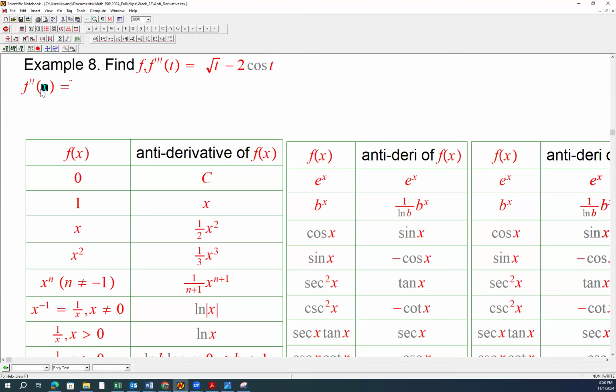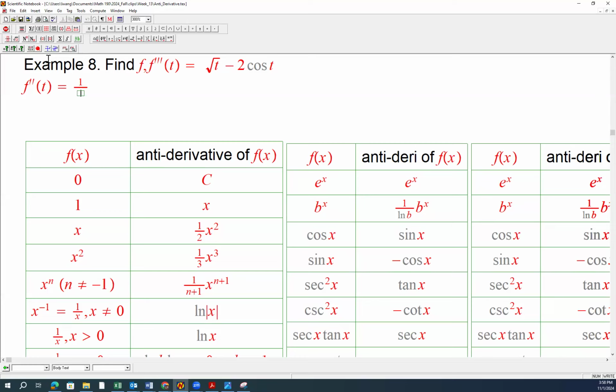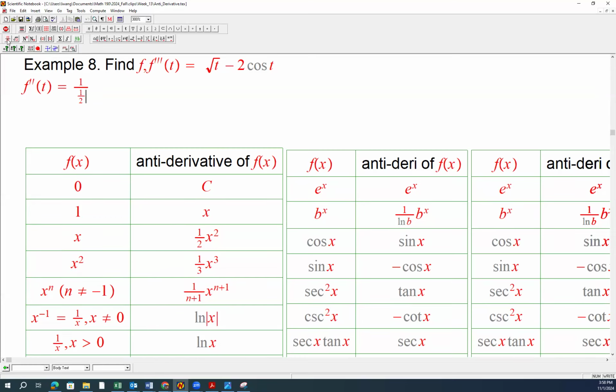So now we got to do the t. You think of root t as t to the power of half. So over here, you're gonna have half plus 1, and t raised to the power of half plus 1 is 3 half.